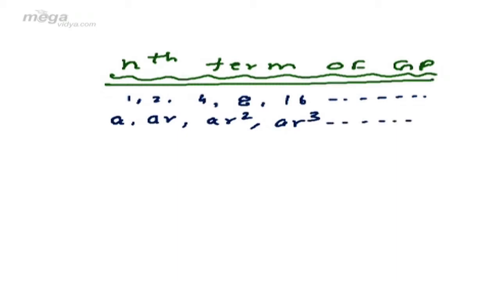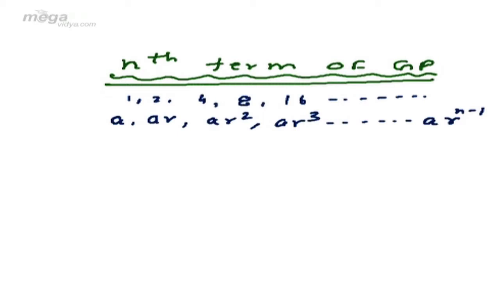Therefore, the last term of this sequence is AR to the power n minus 1. Because A is the first term, AR second, and the third is AR to the power 2, where 2 indicates 3 minus 1. AR cubed, where 3 indicates 4 minus 1. Because of this, the last term, that is the nth term, is AR to the power n minus 1.